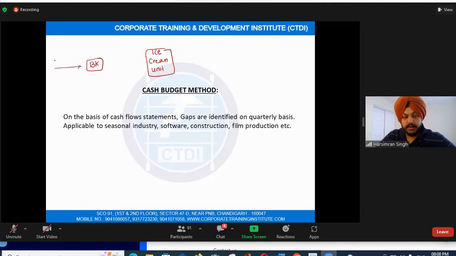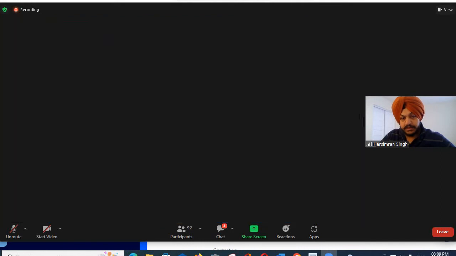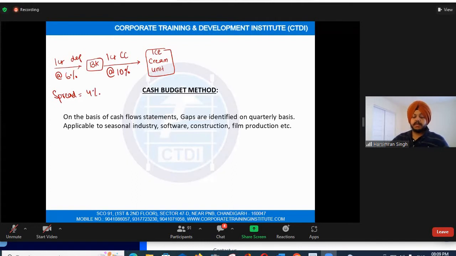Bank took 1 crore in deposits from public at 6% and gave 1 crore CC to Ajay at 10%. So bank thought that the spread is 4%. Yes or no? Bank is taking money at 6, giving at 10.